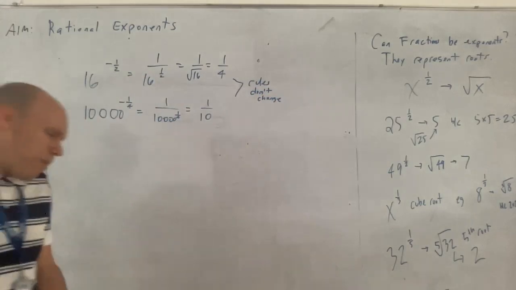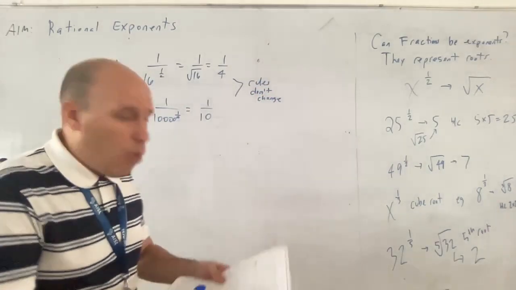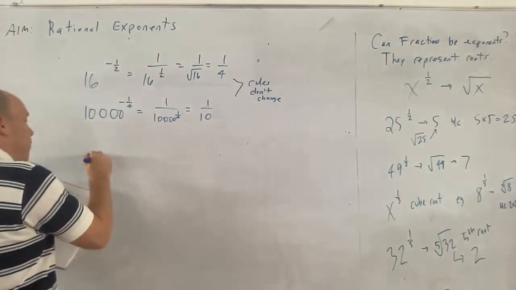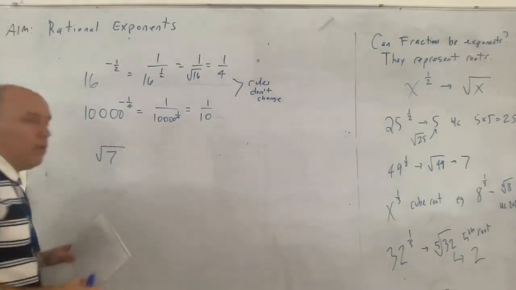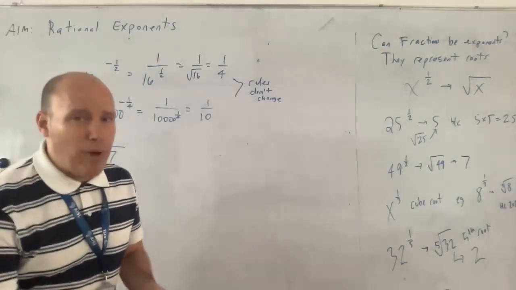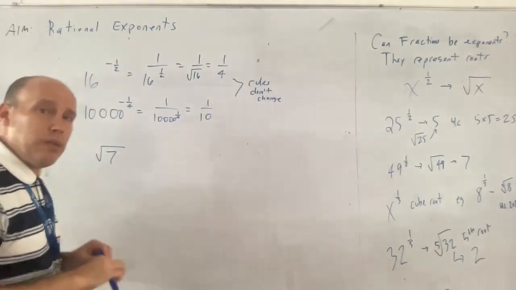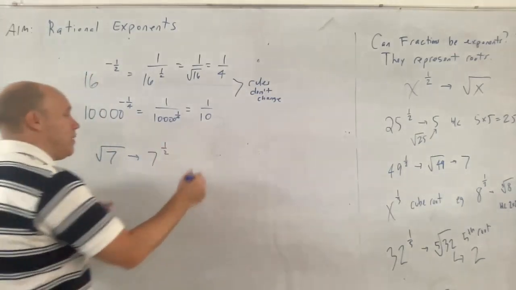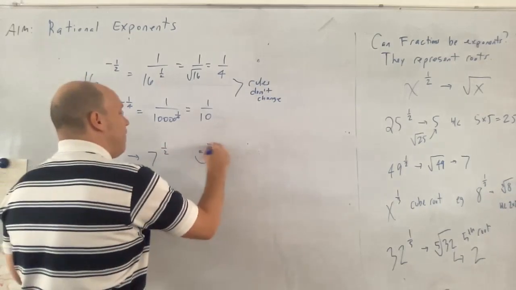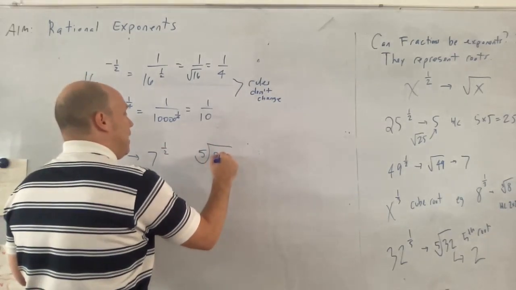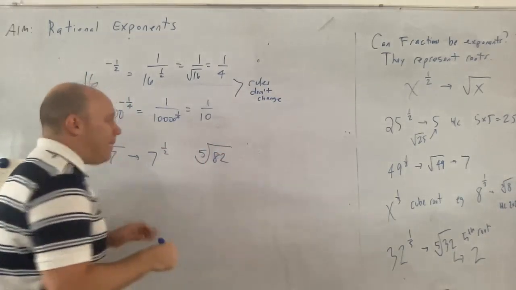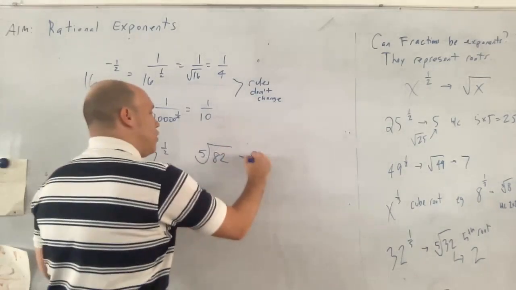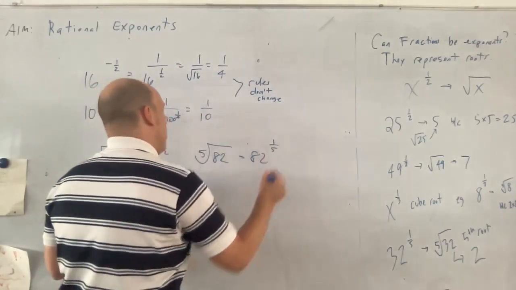Now, you might be asked to write it in index form. For example, if I give you the square root of 7, how do we write that as an exponent? Well, immediately it's 7 to the 1/2. What if you see the 5th root of 82? Immediately, this is 82 to the 1/5.